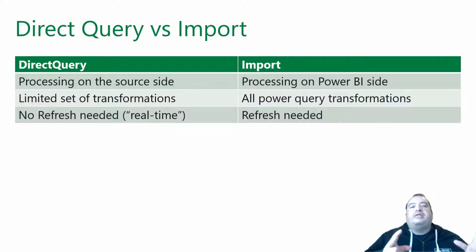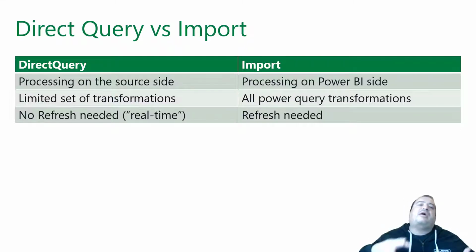Using DirectQuery, we have no need of refresh because the data is coming directly from the source, directly from the server. There is no need to refresh the dataset. But when we use import, the data was brought to the Power BI side and we need to schedule regular refresh of this data.